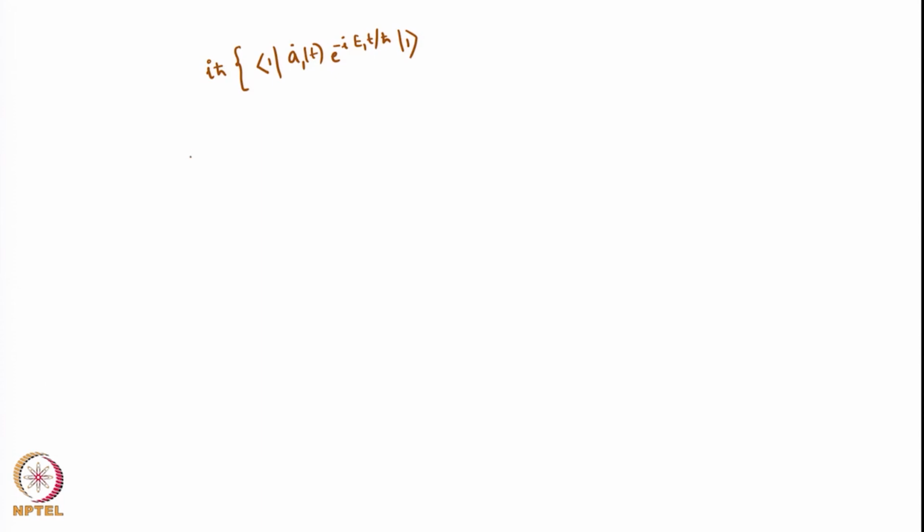What is A1 dot(t)? A1 dot(t) is nothing but d by dt of A1 of t. What is A1 of t? It is time dependent. Nonetheless, even if it is time dependent, it is a constant. It is going to change, but it is still a constant.